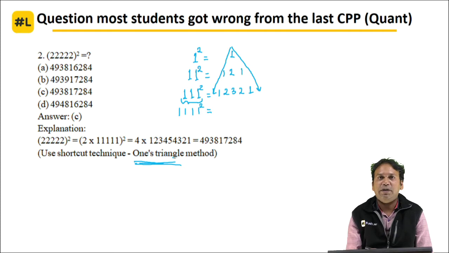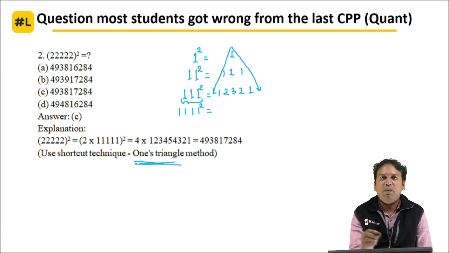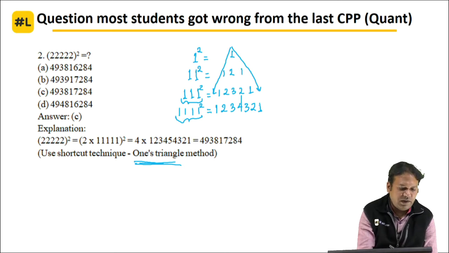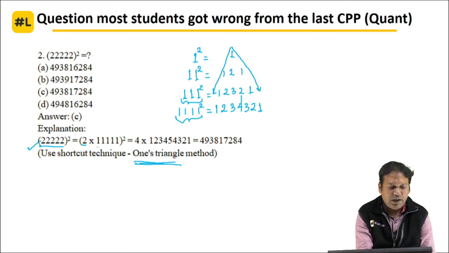All we need to do is see how many ones there are in the particular calculation. We have 4 ones here, so what should we write? 1, 2, 3, 4, 3, 2, 1 and so on. The same thing we do for 22222. How many times do we have 2? 5 times. So we first write it as 2 into 11111, that is 5 ones, inside a bracket.